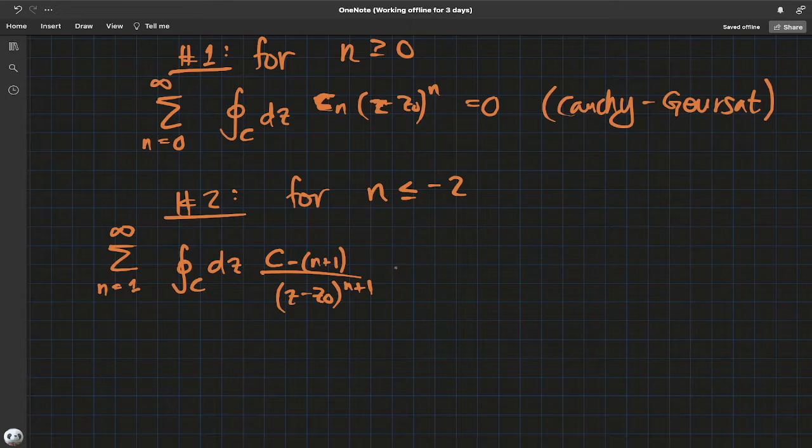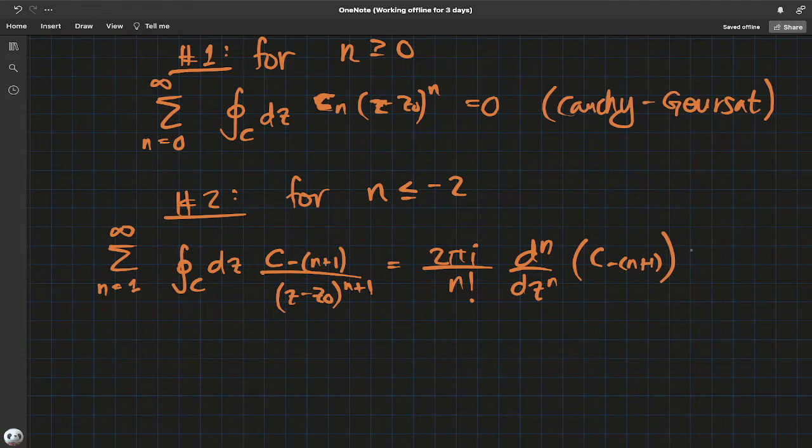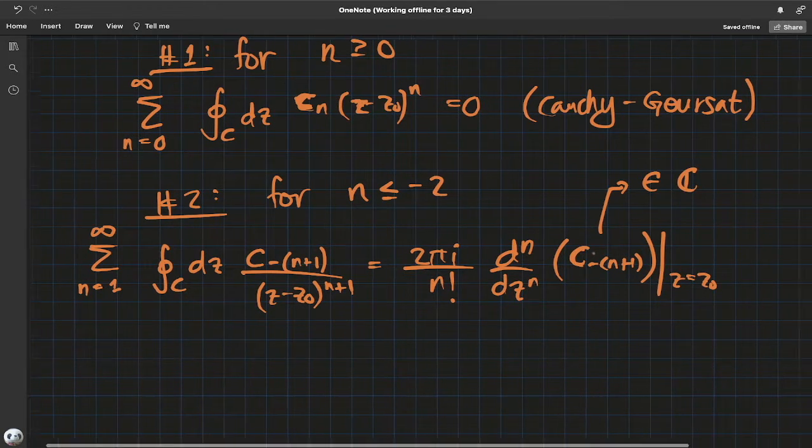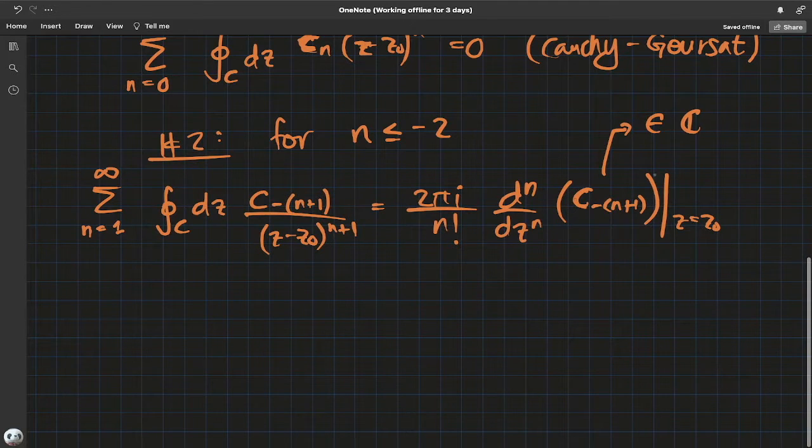You notice this form is like the nth derivative. So we'll basically have 2 pi i divided by n factorial, times the nth derivative from Cauchy's integral formula, of this coefficient evaluated at z equal to z0. The coefficient is a constant, some complex number. So the nth derivative of a constant will always be 0, irrespective of what point you're evaluating it at.